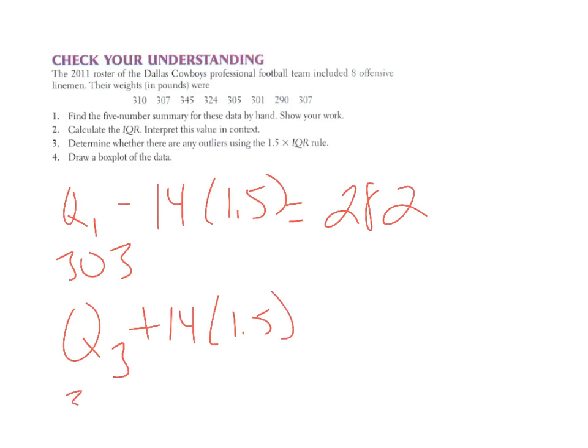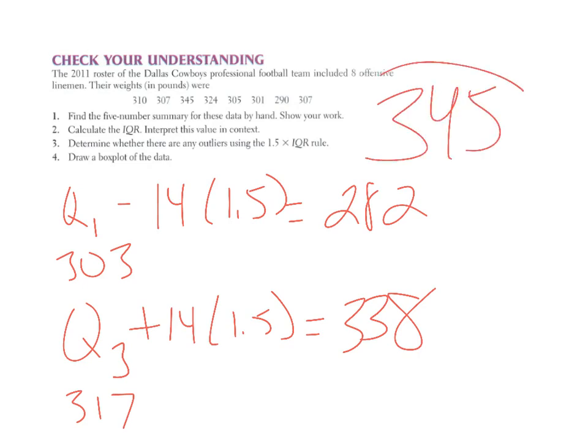Q3 was 317, so that gives me 338. So anything below 282 and anything above 338 would be considered an outlier. In this data set, we have this guy that is 345 pounds, so he would be considered an outlier.